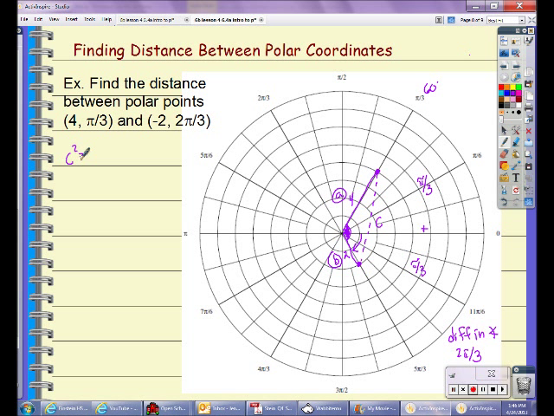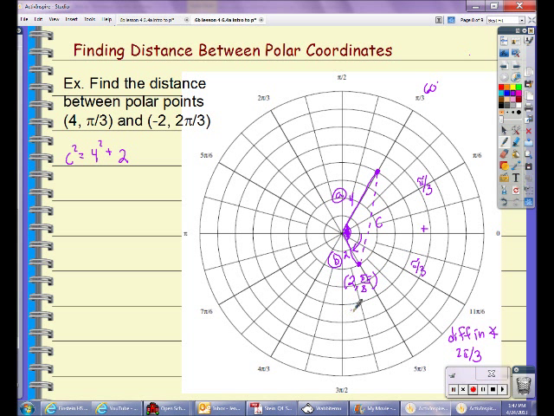C squared equals A squared plus B squared. Now I'm going to be using the absolute value of B because remember we had to change B in order to find my coordinate.